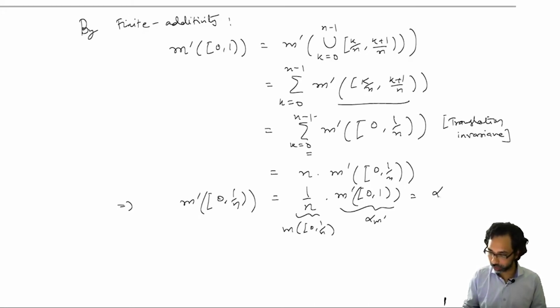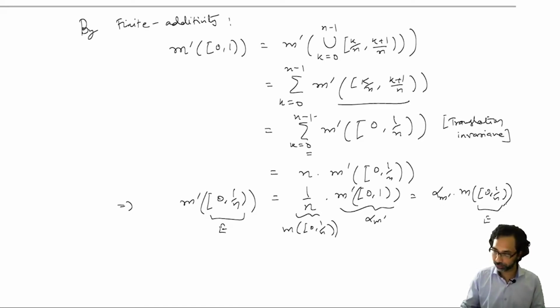So this is nothing but alpha m prime times m of [0, 1/n). So for this set E, we get our required result, which is that m prime of E is equal to alpha m prime times m of E.